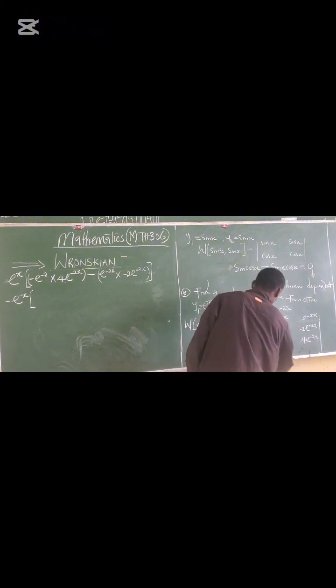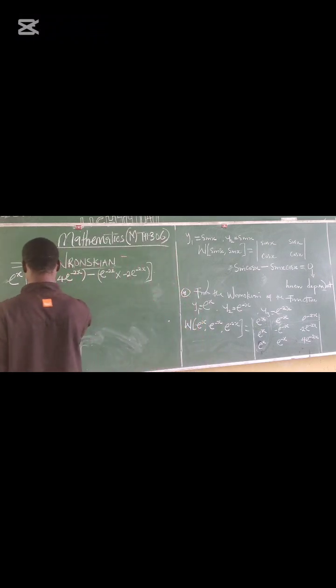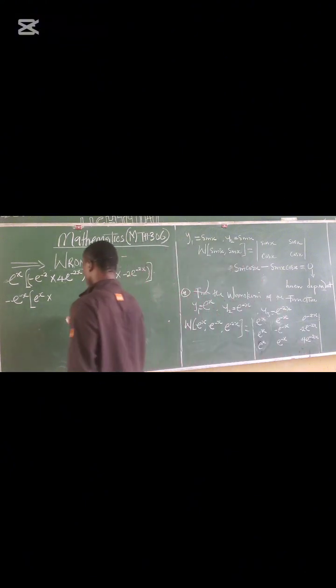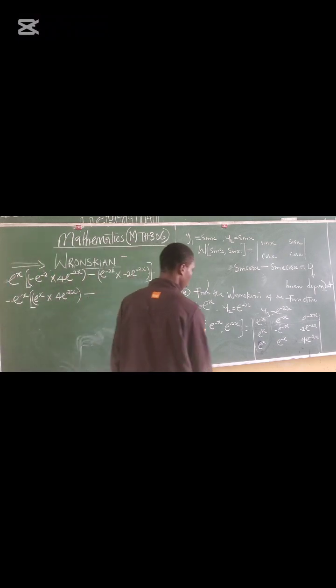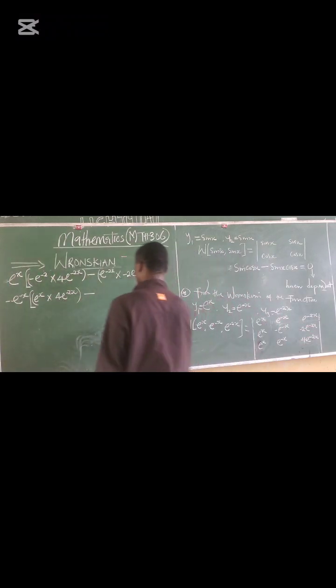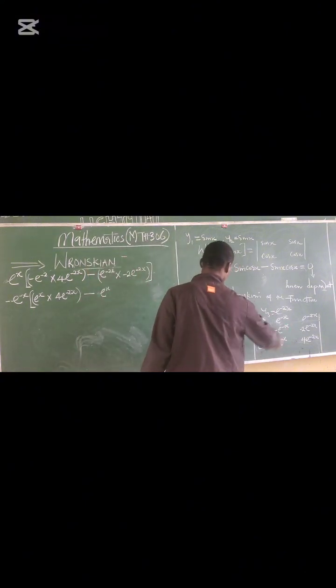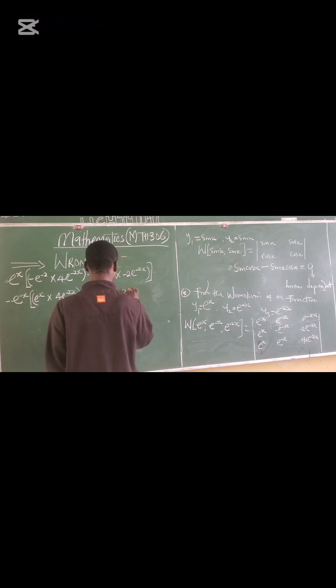So this times this is going to give me exponential x times 4 exponential minus 2x, then minus this times this. So this will be exponential x times minus 2 exponential minus 2x.